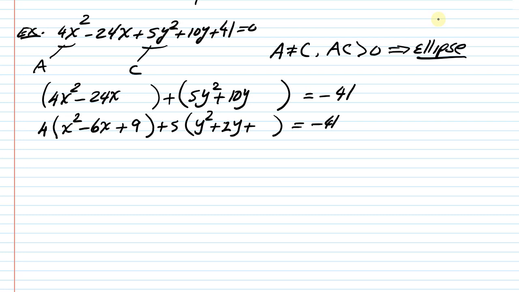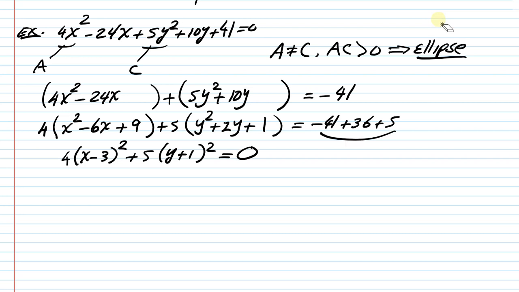Half of 2 is 1, squared is 1. And don't add 9 and 1 on the other side, because there are numbers outside the parentheses. We've got to be mindful of those. 4 times 9, I'm going to add 36 here. 5 times 1, I'm going to add 5 here, and this is going to give me 4 times (x minus 3) squared plus 5 times (y plus 1) squared equals, check this out, 0.